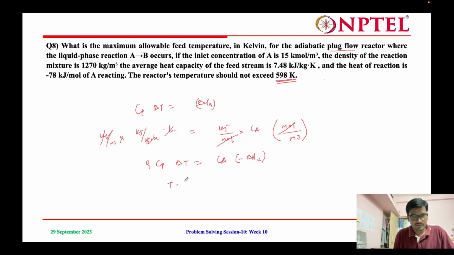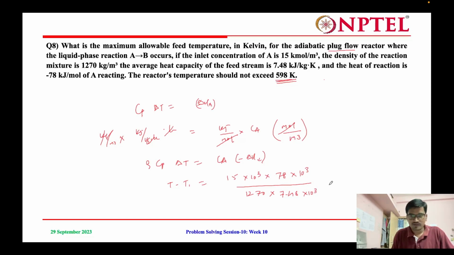So T minus Ti equals Ca, 15 into 10 to the power 3, into 70 into 10 to the power 3, divided by density 1270 into Cp heat capacity 7.48 into 10 to the power 3.